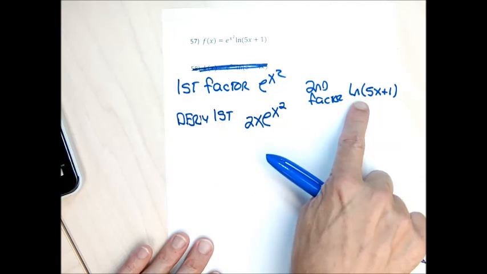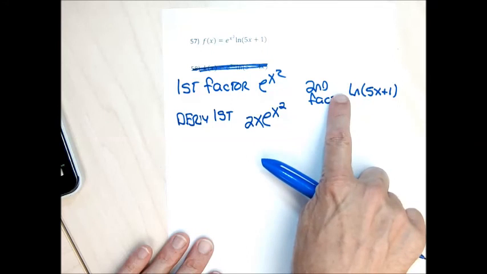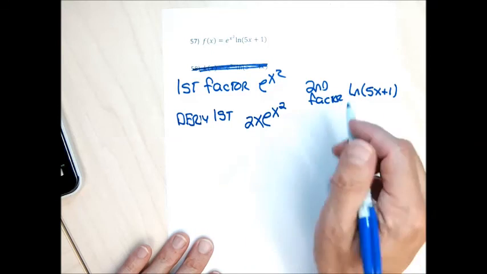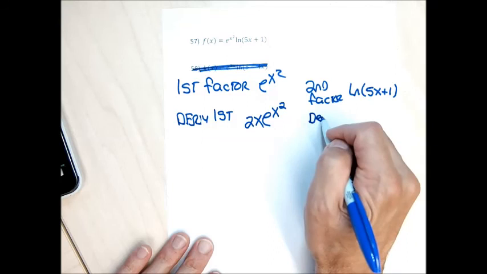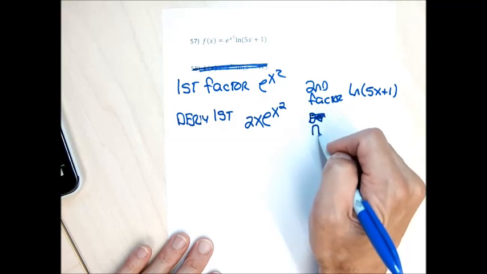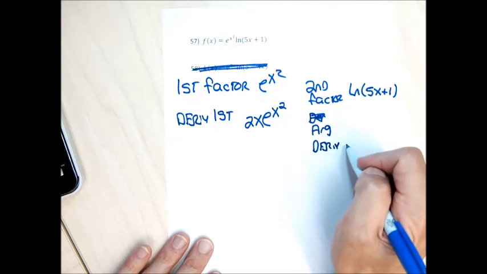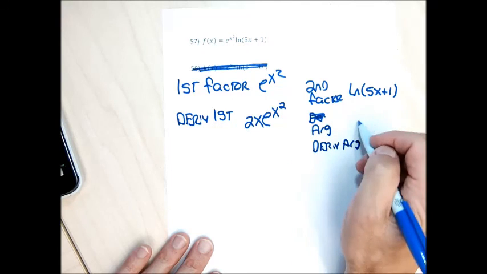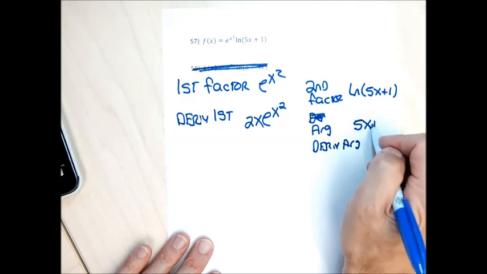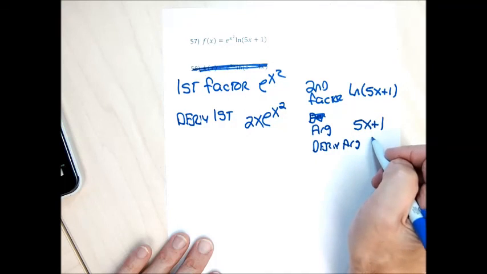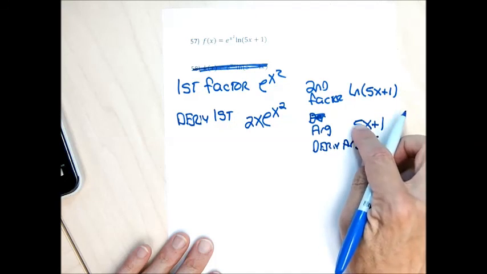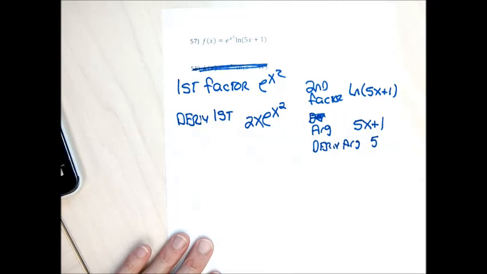The shortcut for finding the ln derivative that doesn't have a coefficient, because the coefficient is 1 and the thing that goes in the base is equal to 1, is just the argument and the derivative of the argument. The other two pieces are equal to 1. The argument is 5x plus 1. The derivative of the argument is 5, because the derivative of 5x is 5. The derivative of 1 is 0.